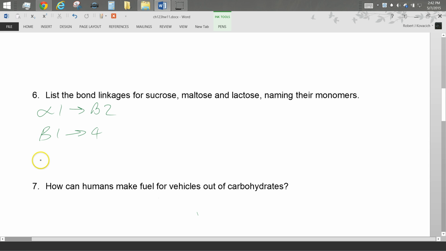And then the lactose is alpha. Isn't the lactose the beta 1? And the maltose is the alpha 1. So yeah, you're right. It's alpha 1 4.